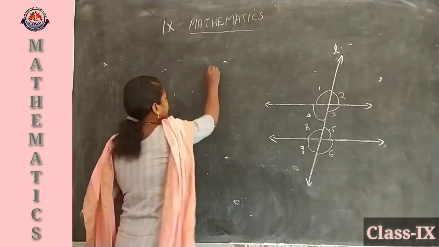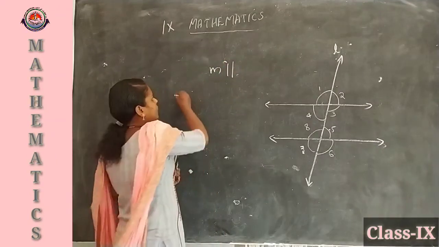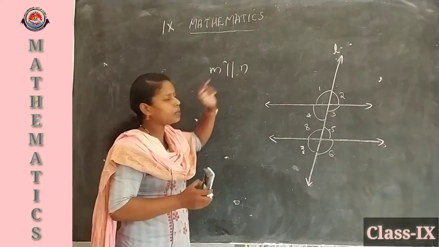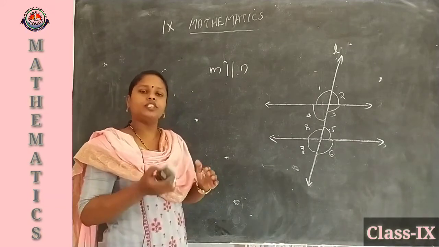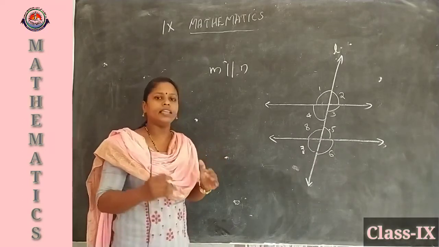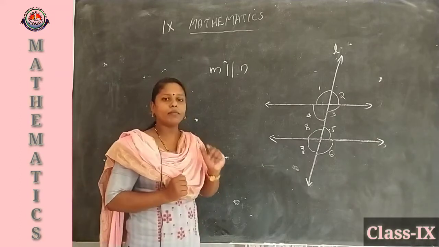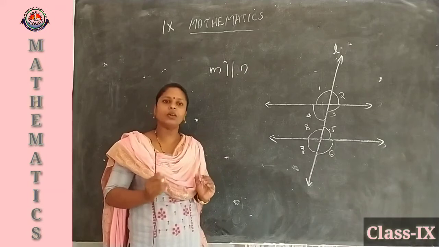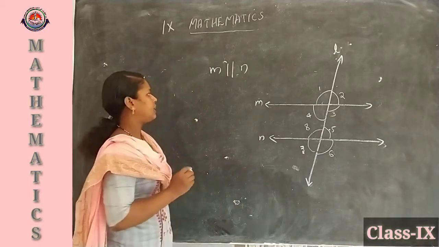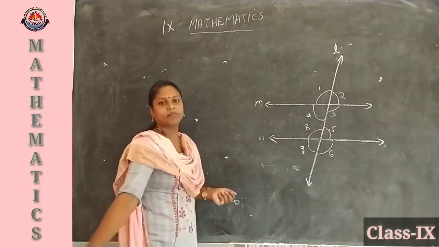It is not given that M is parallel to N, whereas in our first axiom, M is parallel to N. So M and N are any lines, and a transversal intersects them such that one pair of corresponding angles is equal. Suppose M and N are not parallel, and we need to prove it. Then what will be our second axiom?